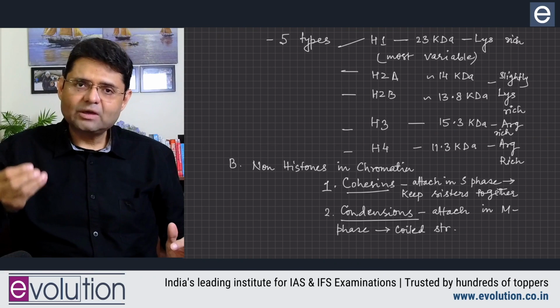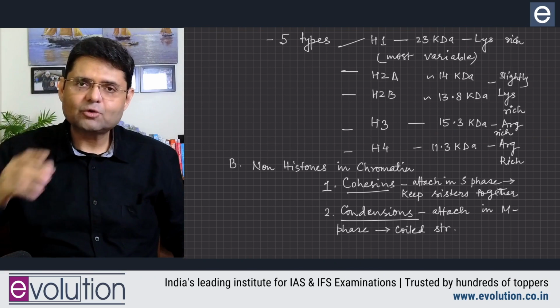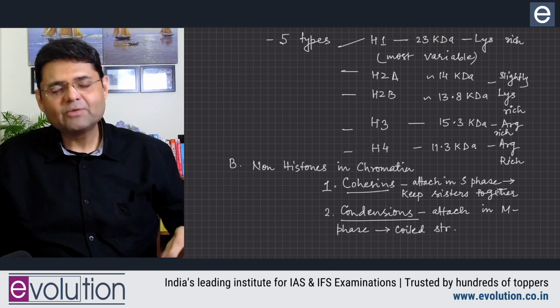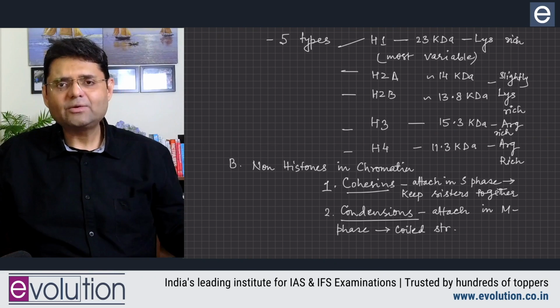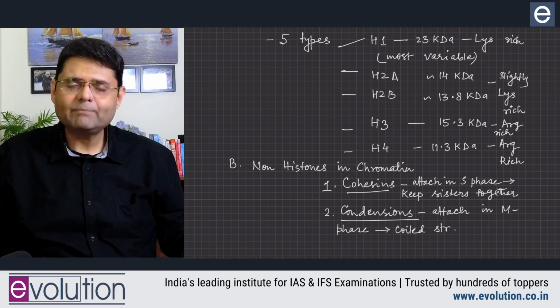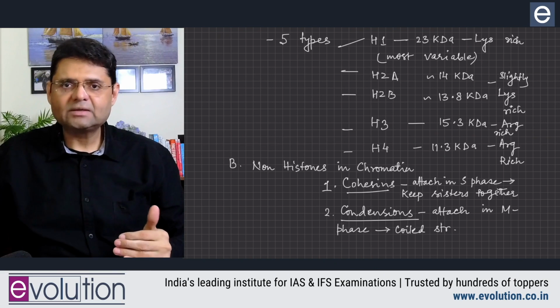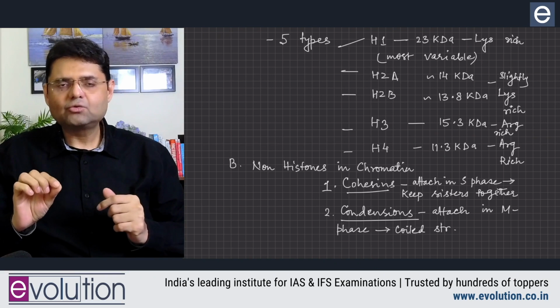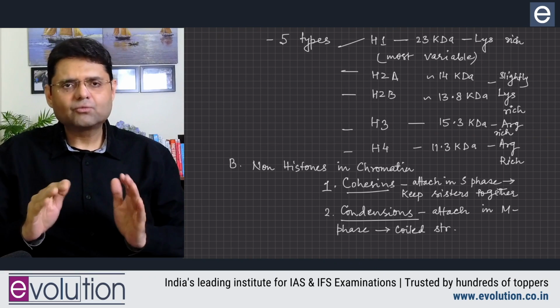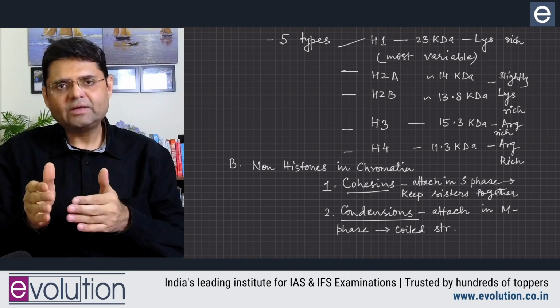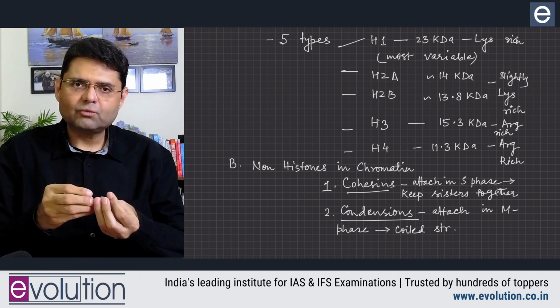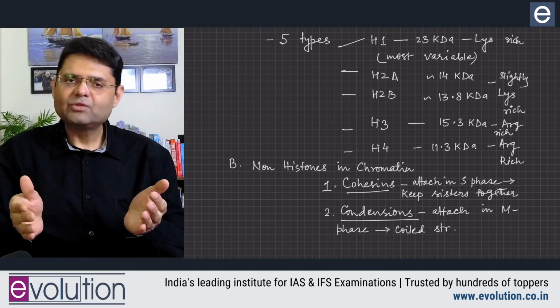So if there are only 5 proteins plus 1 nuclear pore complex elsewhere in the syllabus, if only these 6 molecular masses are supposed to be remembered, why not? We can remember it. Histone 1 is 23 kilodalton. Histone 2A and 2B are very close to 14 kilodalton. Then histone 3 is 15.3 kilodalton and histone 4 is the smallest, 11.3 kilodalton.